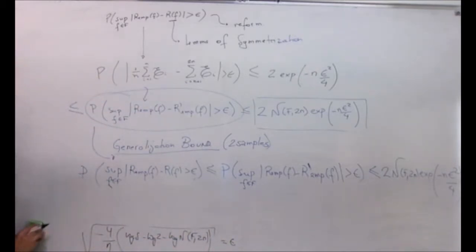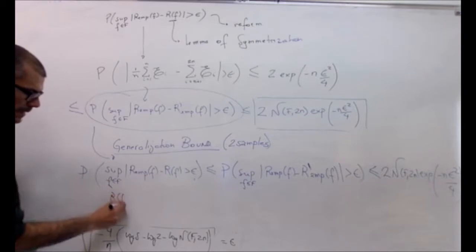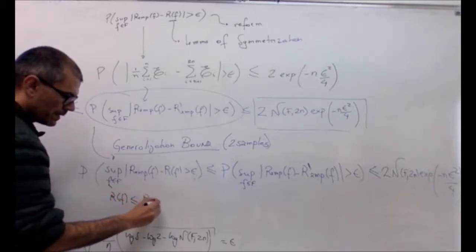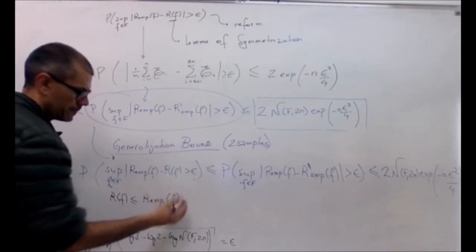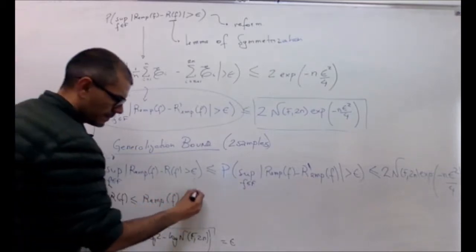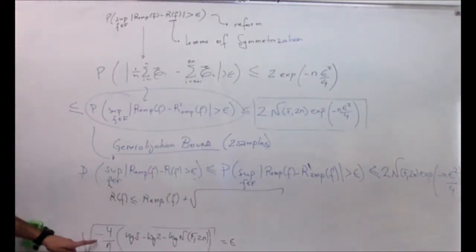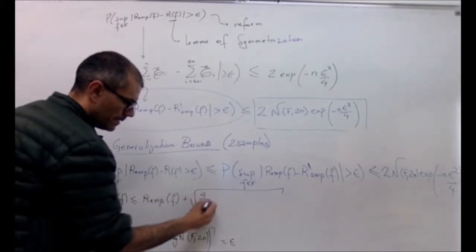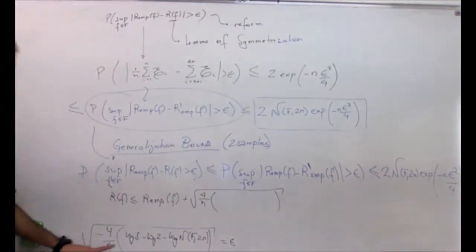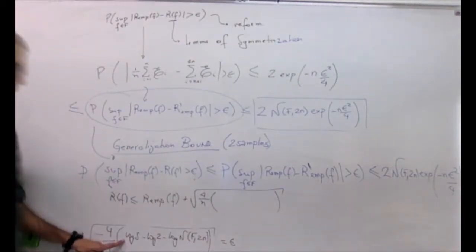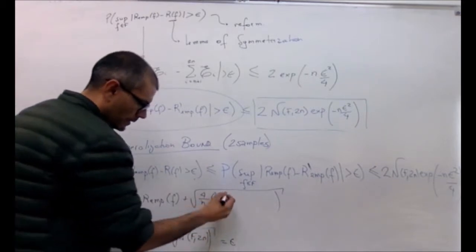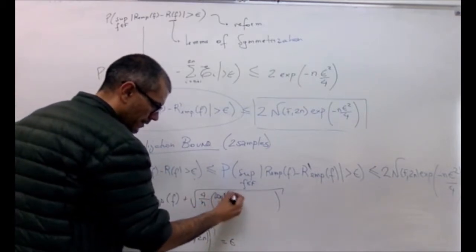We finally have the expected risk smaller than or equal to the empirical risk of f plus this term. I prefer this term as a positive term because it makes it easier to understand what's happening. So I prefer it like 4 over n multiplied by minus log delta. Let's put the things that are positive at the beginning. And the most important thing is the shattering coefficient.